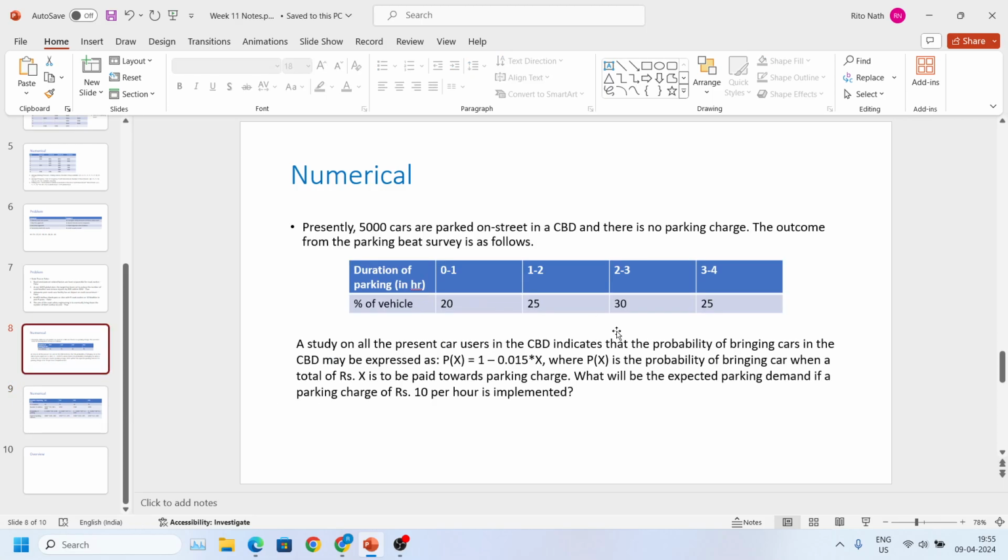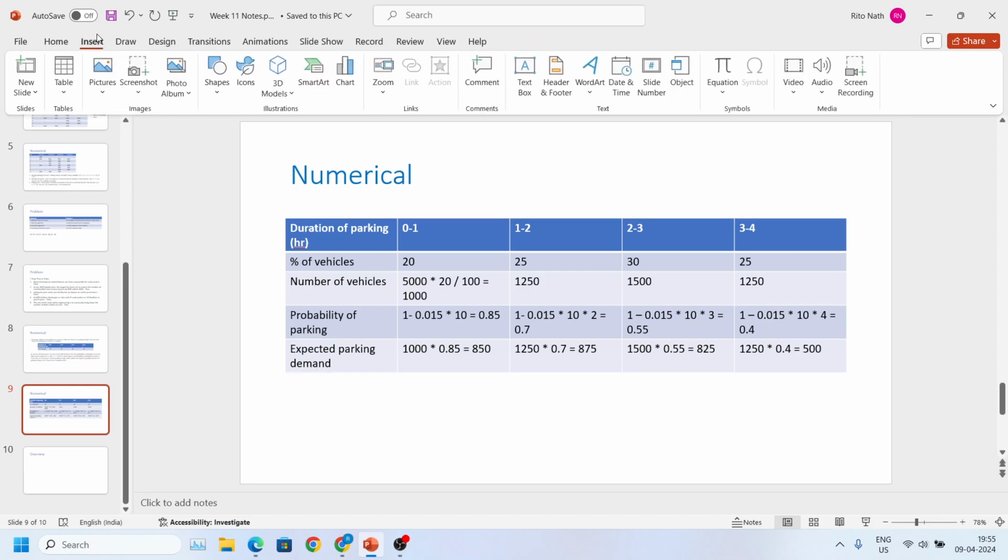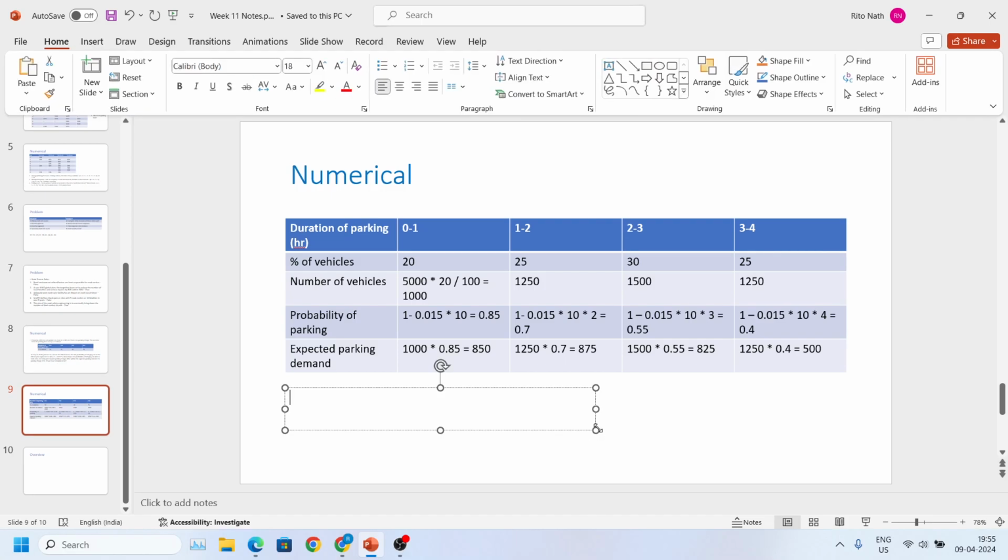So now you're asked what will be the total expected parking demand. You have to sum all those values. Total expected parking demand equals 850 plus 875 plus 825 plus 500.